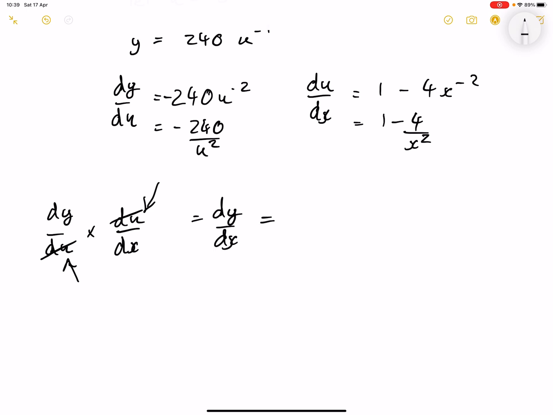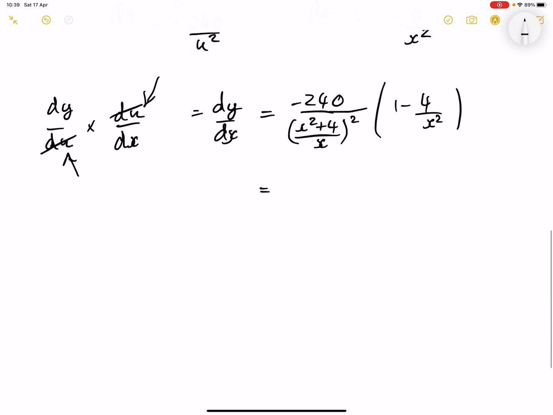So what we're going to do is multiply them. So minus 240 over x squared plus 4 over x, all squared, times 1 minus 4 over x squared.